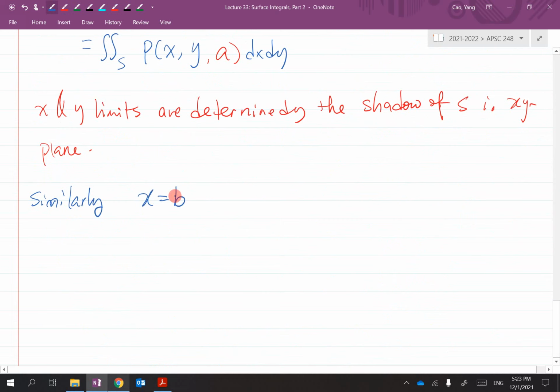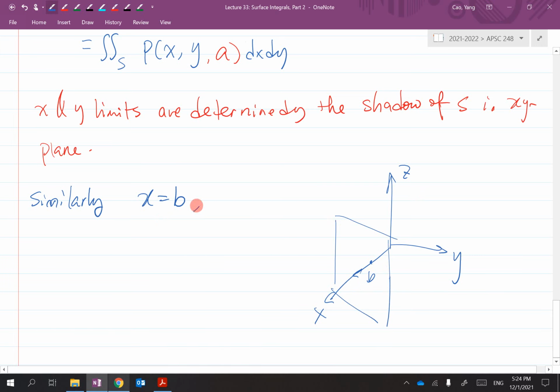If I have to draw it, x equal to b means you have a planar patch passing through the x-axis at b, and parallel to the z and y axes. That's the planar surface representing x equal to b.